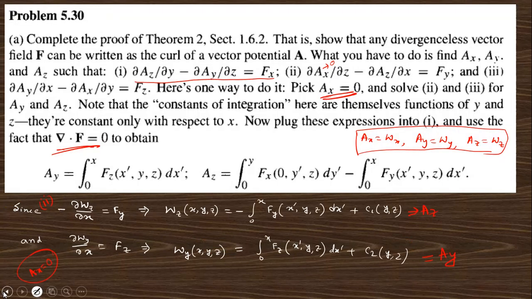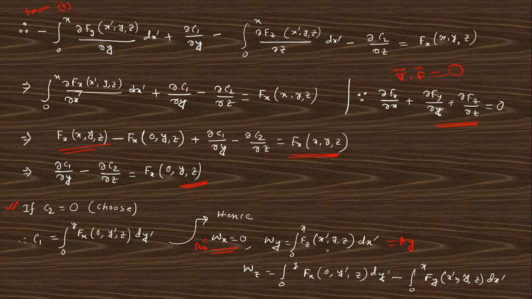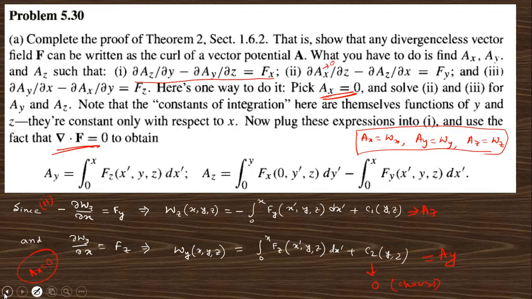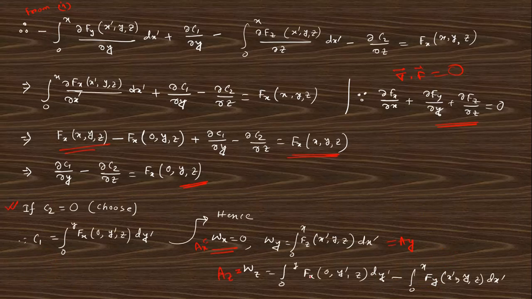Putting the value of C1 into this expression, with C2 equal to 0, you get the value of Ay like that, and Az, putting in this value of C1, you get this expression. I think these three expressions are clear.